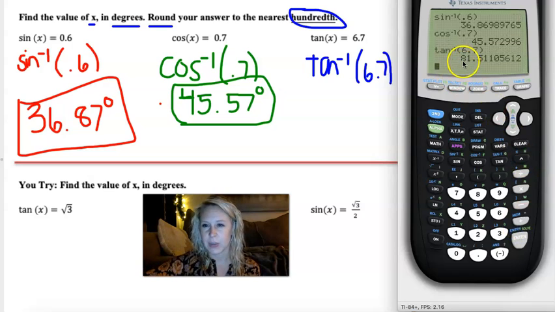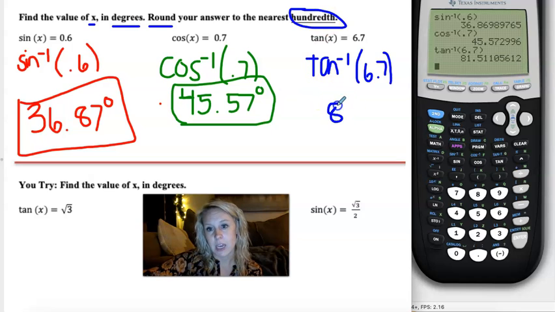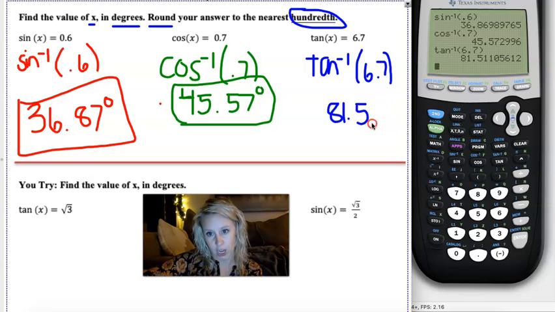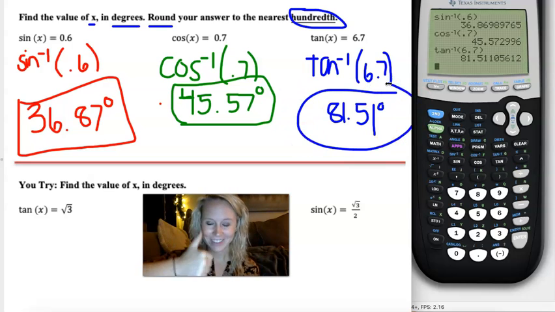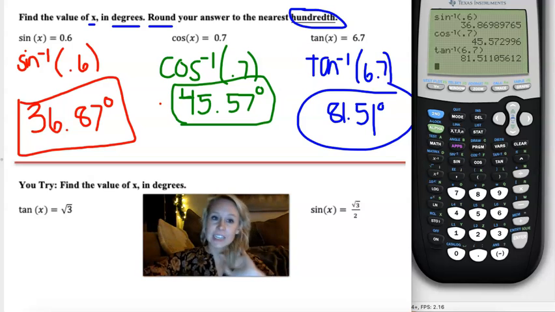Okay, so 81.51, because this 1 is below 5. 81.51. Oh, this is so hard. Degrees. Okay? All right, so that is how you find a degree.